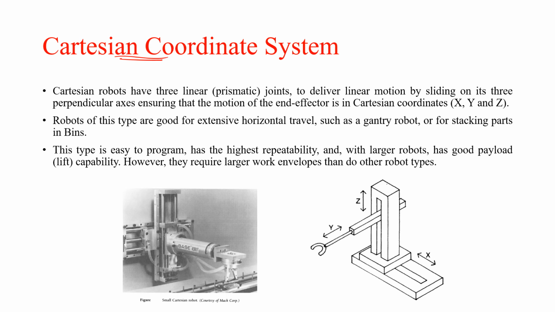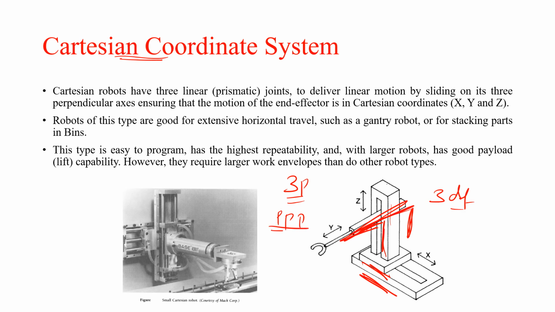You can see here, this can move like this, and then here one link can move like this, and this one can move like this. So it moves in all three directions, so the degree of freedom is 3. And all the joints are prismatic, so we can write 3P or PPP, because each is prismatic, meaning linear movement.